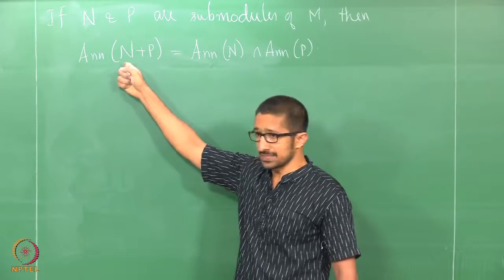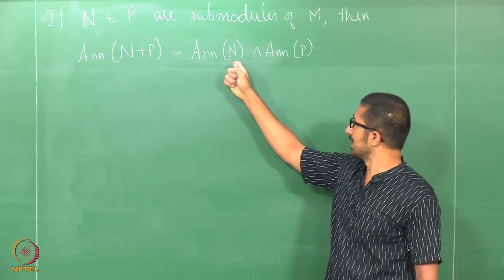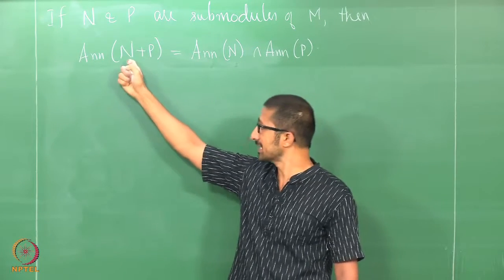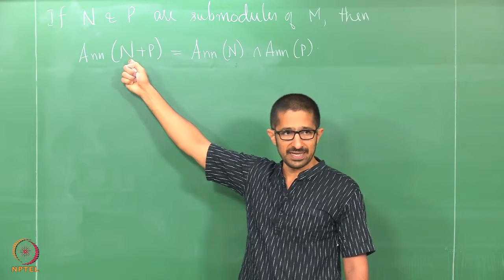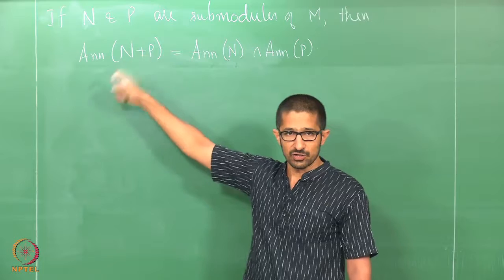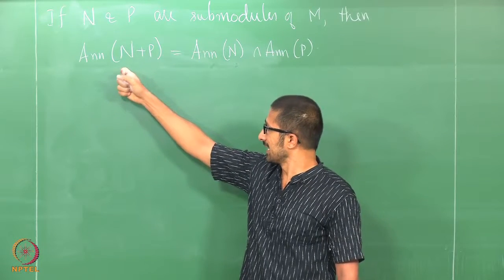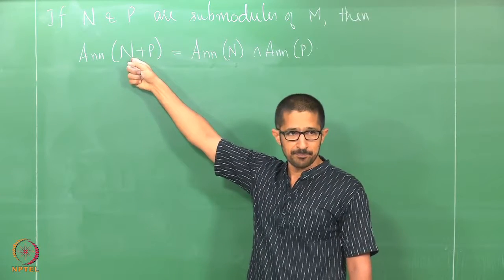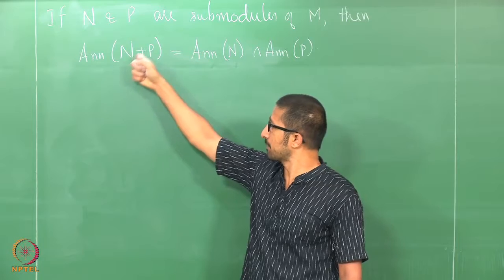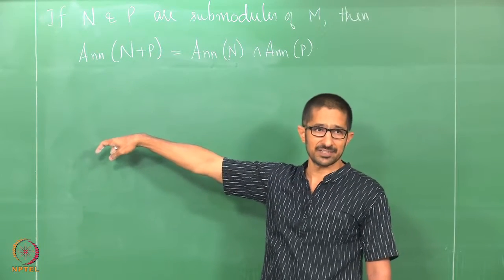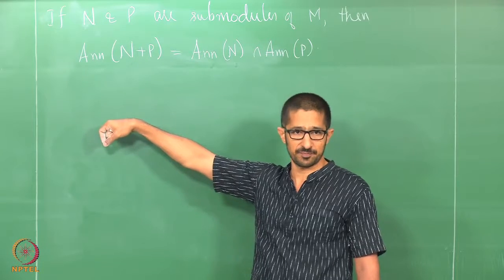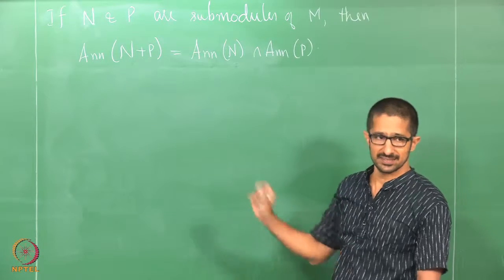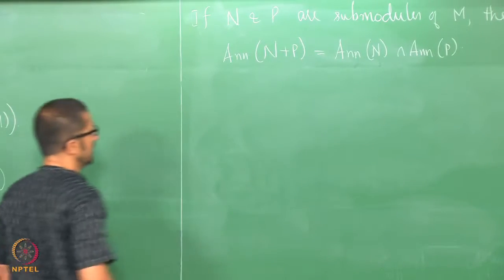If I take any element here, it annihilates elements of N as well as elements of P, therefore, it has to annihilate elements of N plus P. Conversely, every element of N is contained in N plus P, therefore, the annihilator of N plus P is contained in the annihilator of N. Similarly, it is contained in the annihilator of P, therefore, this is contained here. So, this equality is a straightforward verification.